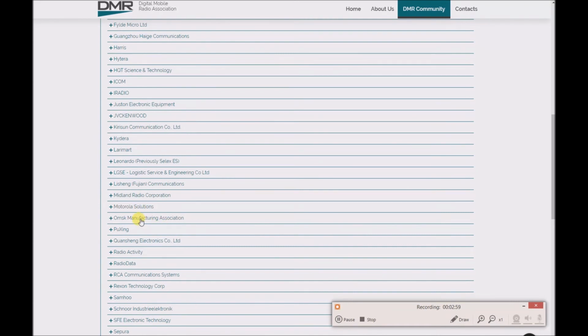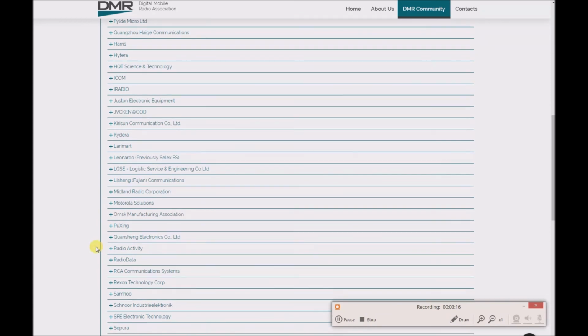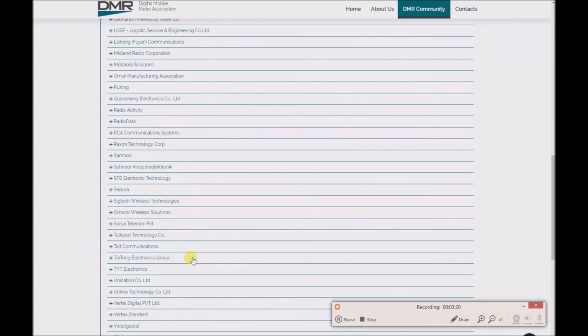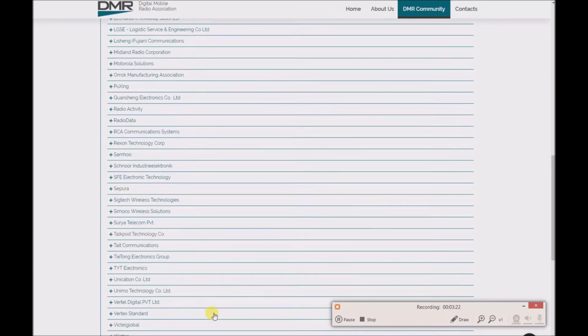That was interesting because I looked at the map on Wikipedia, and Russia is not a member of the user agreement for DMR standards. I better look this up again, but they are observant of it. RCA. So all the big names. Sapura.